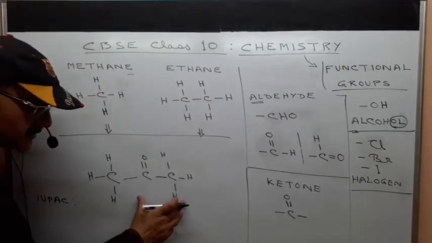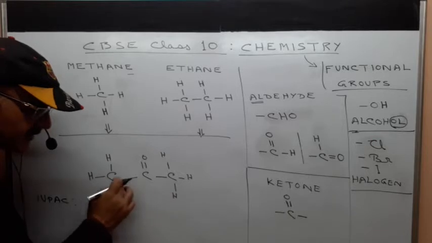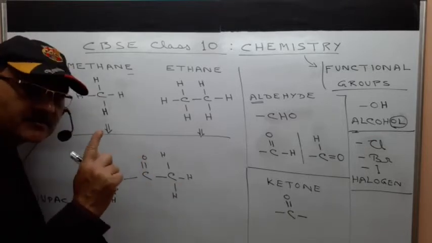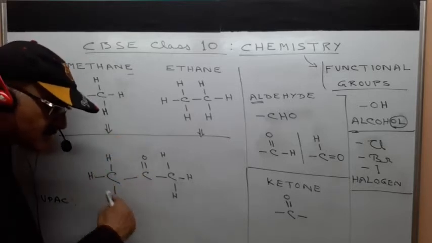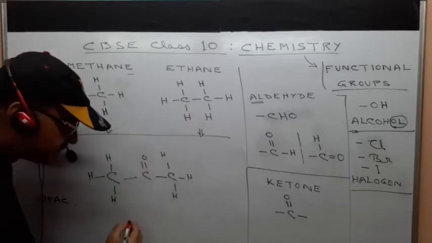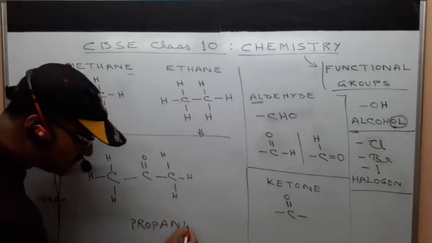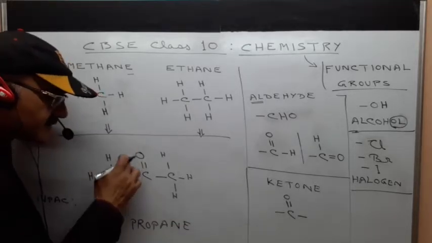So in this molecule, how many carbon atoms are there? 3. So that means this is basically propane. In this propane, we have a ketone here.